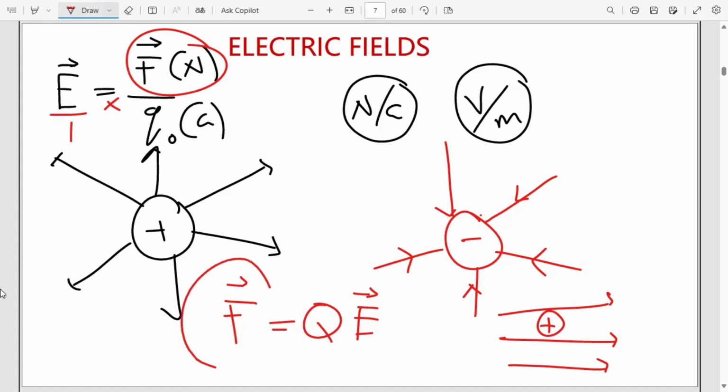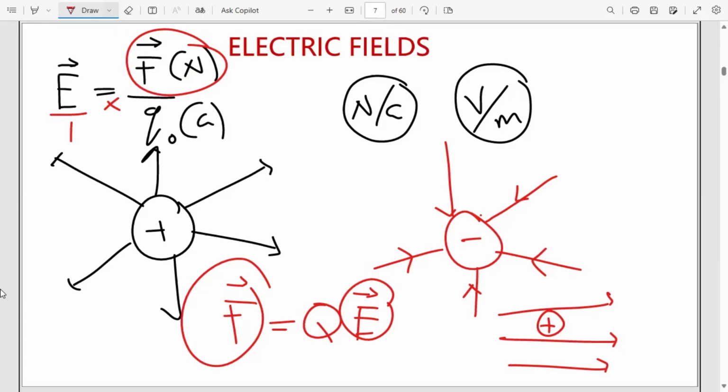This force can make a charged particle speed up or sometimes even slow down. That, ladies and gentlemen, is how we work with electric field strengths, and that's the relationship between electric field strength and the force experienced by a charge in an electric field.